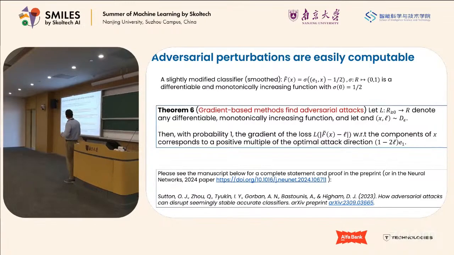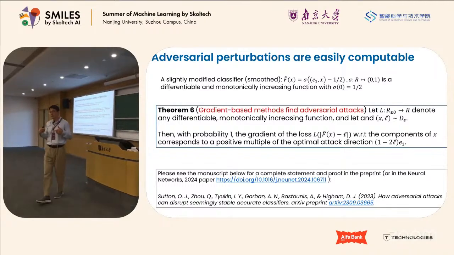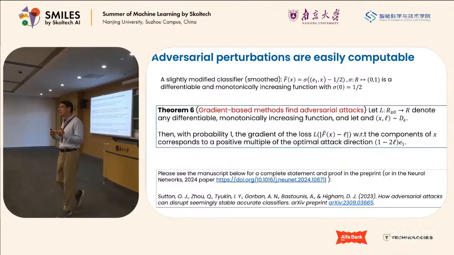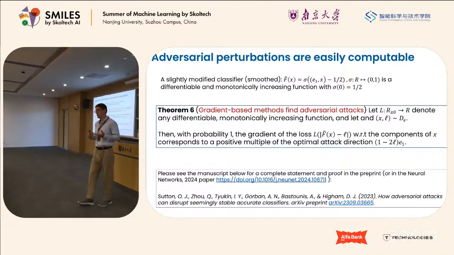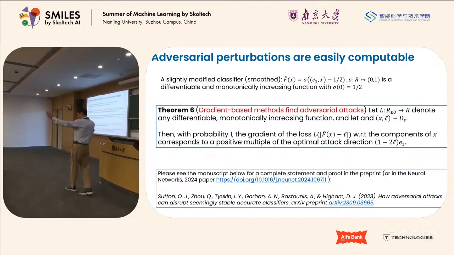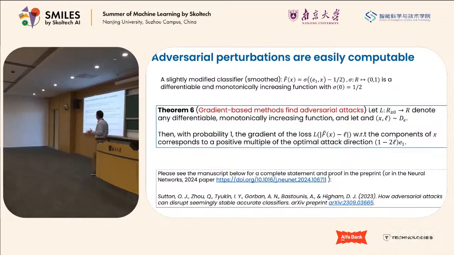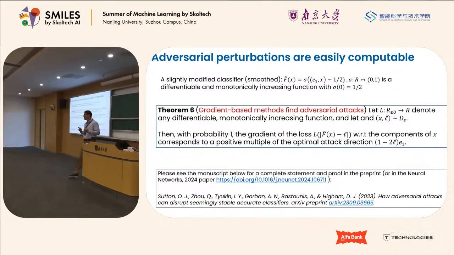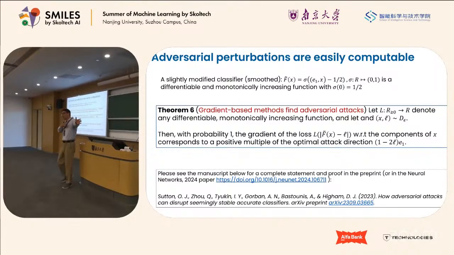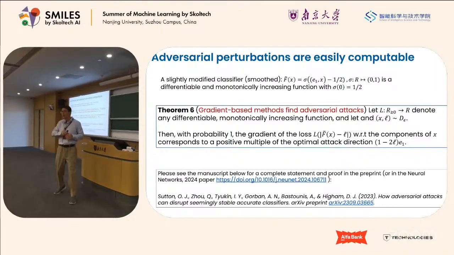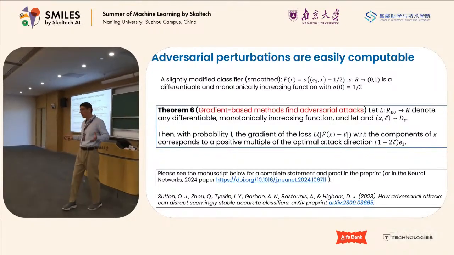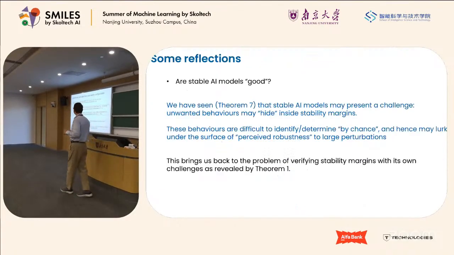And this is not all. These destabilizing perturbations are easily computable. So they are along the gradient lines. And this is what makes the whole thing a little bit funny. So I can easily compute those things, but when I do things at random, I retain robustness, right?